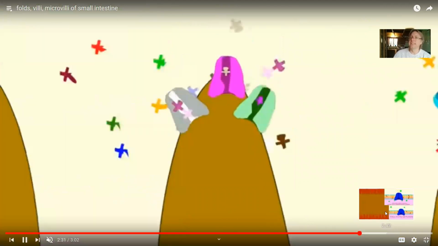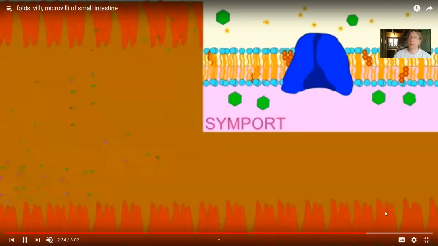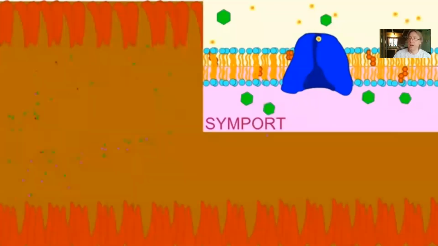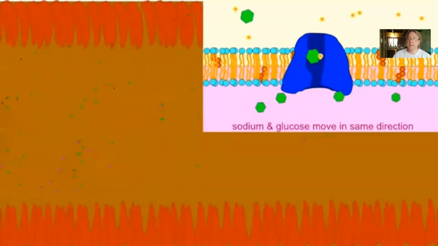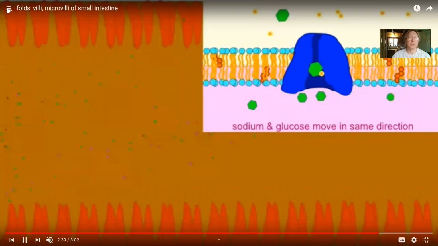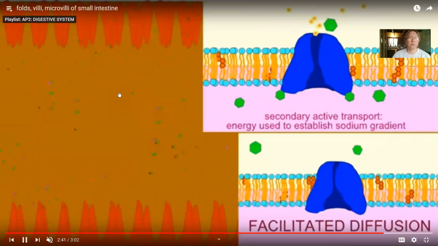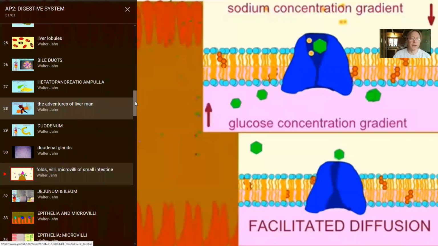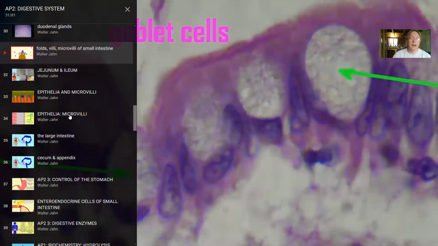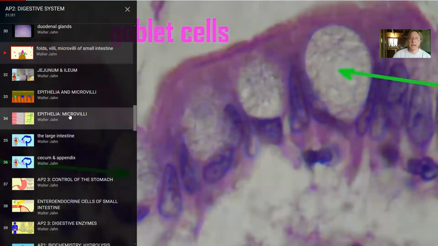So the small intestine touches your food because it has both folds, villi made of many cells, and then microvilli, all of which then increase the surface area of the small intestine, allowing us to digest our food far better and to absorb the nutrients.